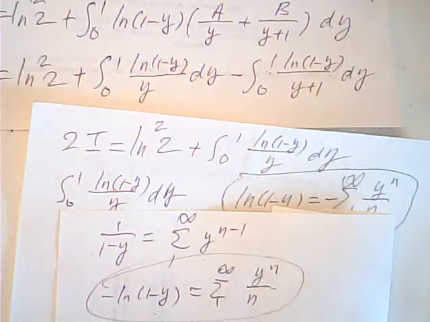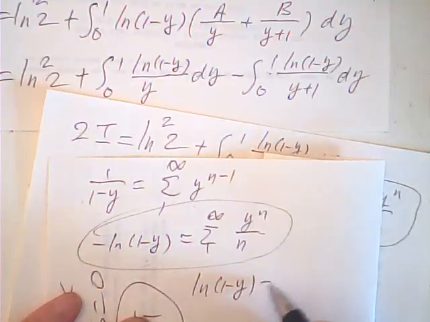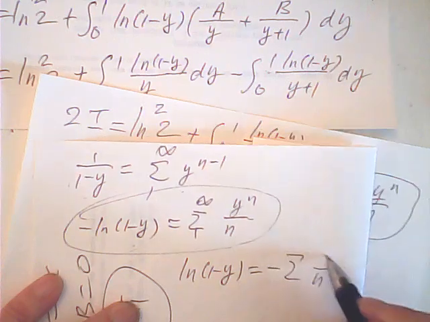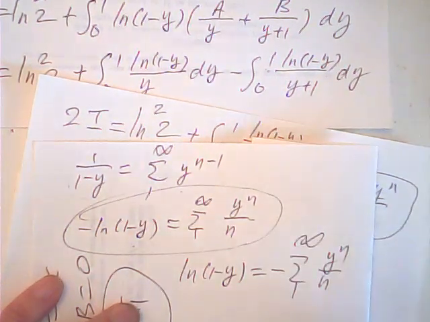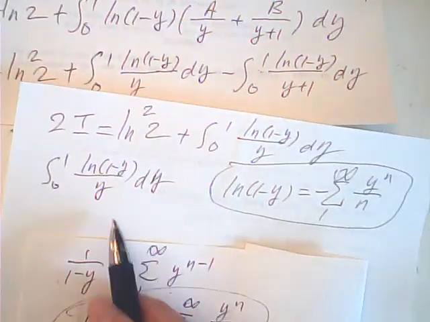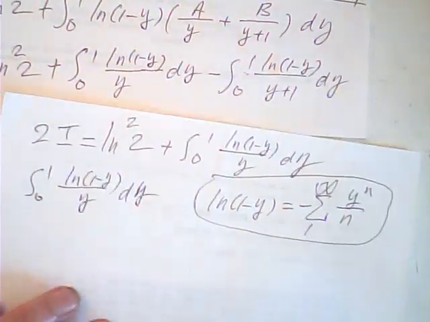Yeah, that's it. Therefore, log of 1 minus y is equal to negative sigma y^n over n. Yeah, that's correct. See? That is what I have here.